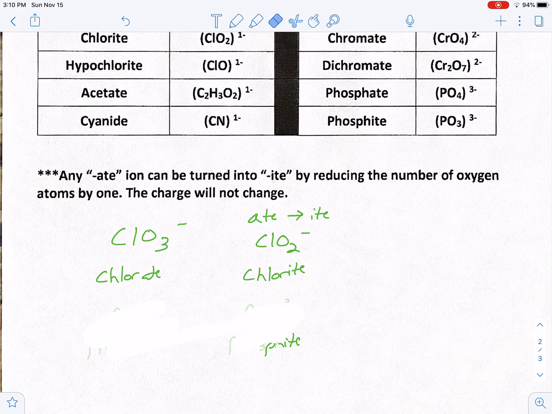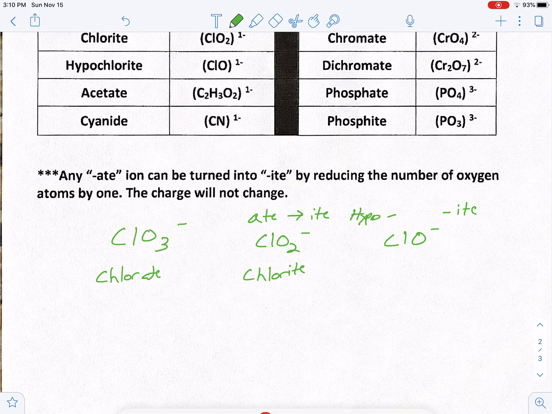Okay, so let me clear some of this up. Now, if we lose 2 oxygens, so now this becomes ClO with a minus charge. So we were at 3, now we lost 2. It's still going to end in ite because we lost oxygens, but now we're going to add the prefix hypo.